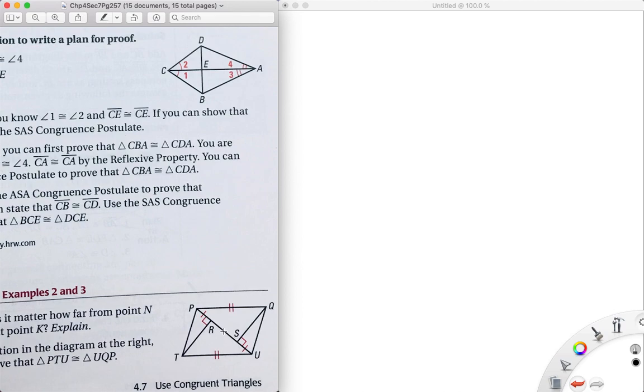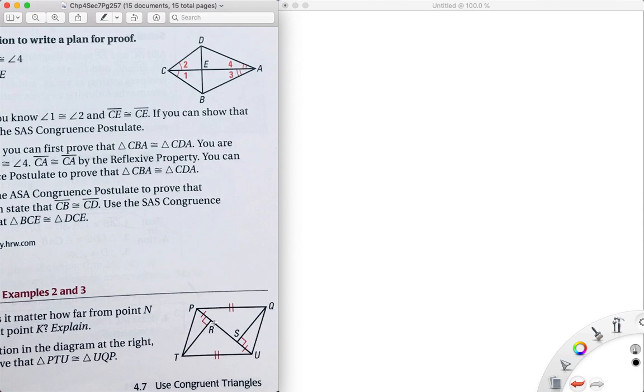RS is congruent to itself. It's reflexive, so I can say that they're equal. And then I can say that angle TRU is 90 degrees and angle QSP is 90 degrees. Because these are linear pairs and this is 90 degrees, I can subtract it out and say that this is 90 degrees. So this would be a long proof if it was two column.